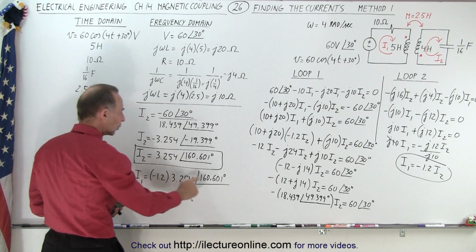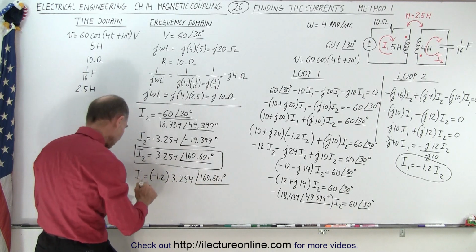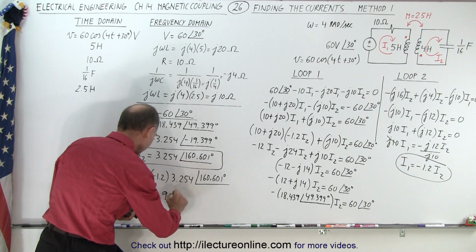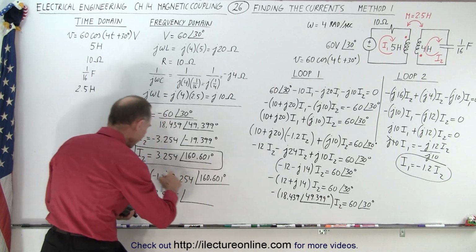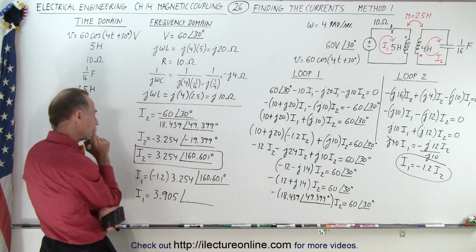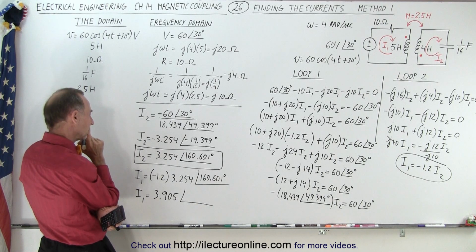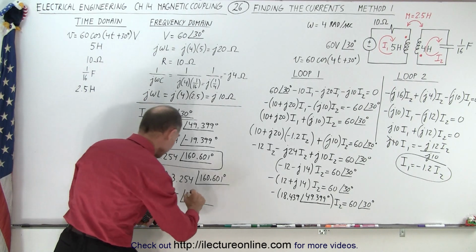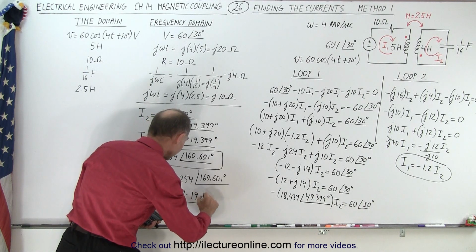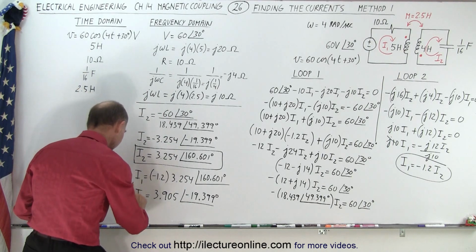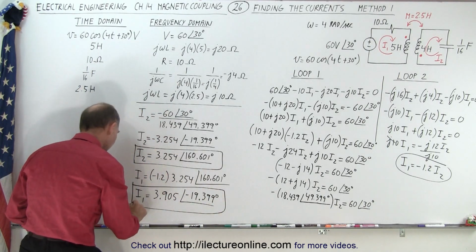Now this negative sign, I'm going to subtract 180 from the angle to get rid of it. 160.601 minus 180 equals negative 19.399 degrees. Yes. All right. And there is I1.